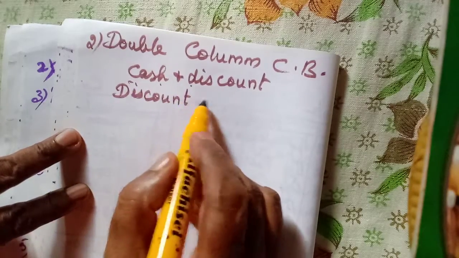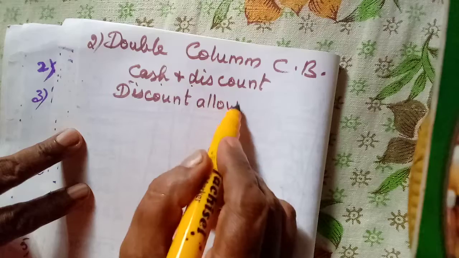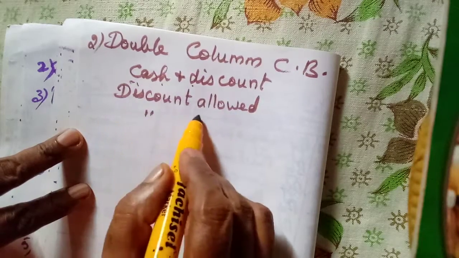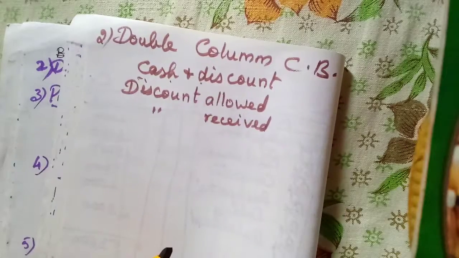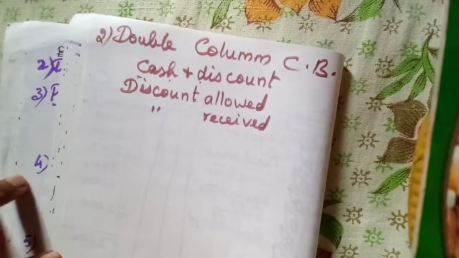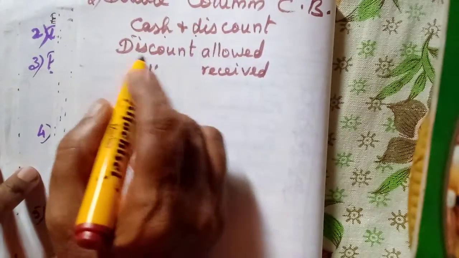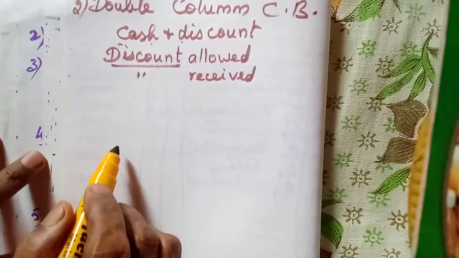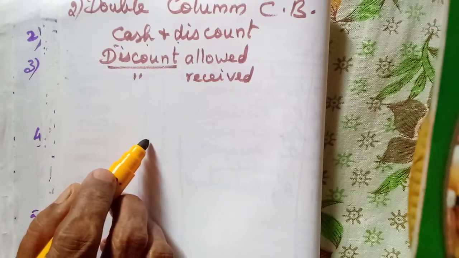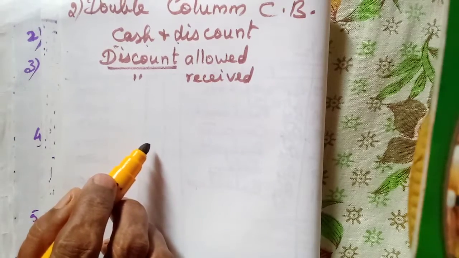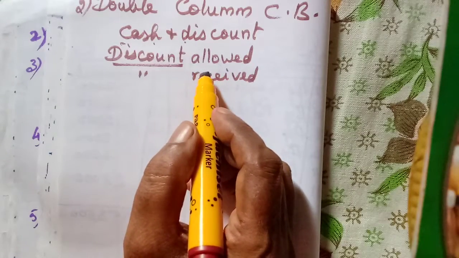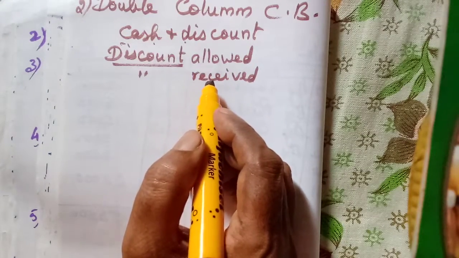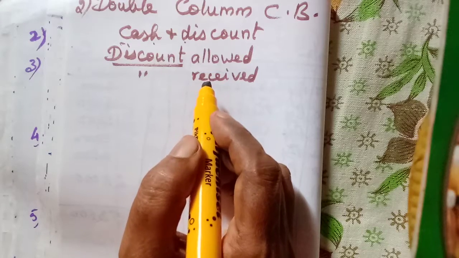Here discount allowed or discount received. We should know what is discount allowed. When we learn about this discount, what is allowed and what is received: the person who is paying the amount is getting the discount.